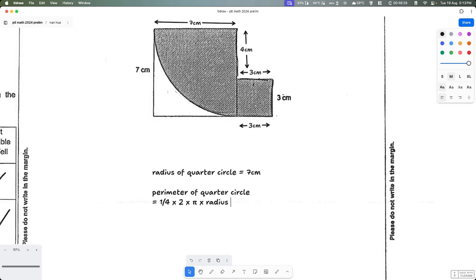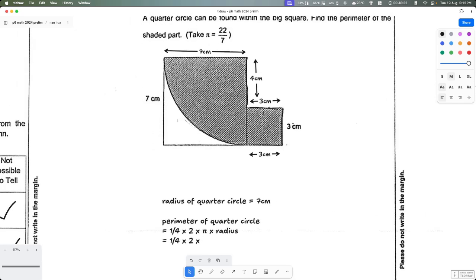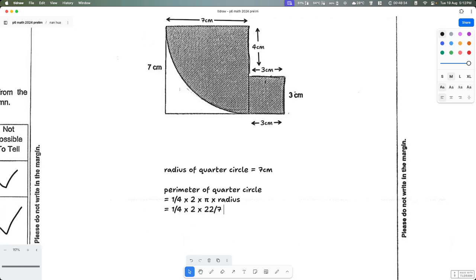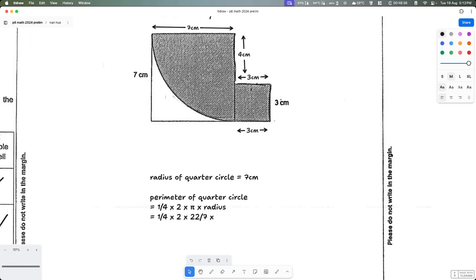So it's 1/4 times 2 times pi, which is 22 over 7, times radius 7. So it's 1/4 times 2 times 22, and this becomes 1/4 times 44, which becomes 11 centimeters.